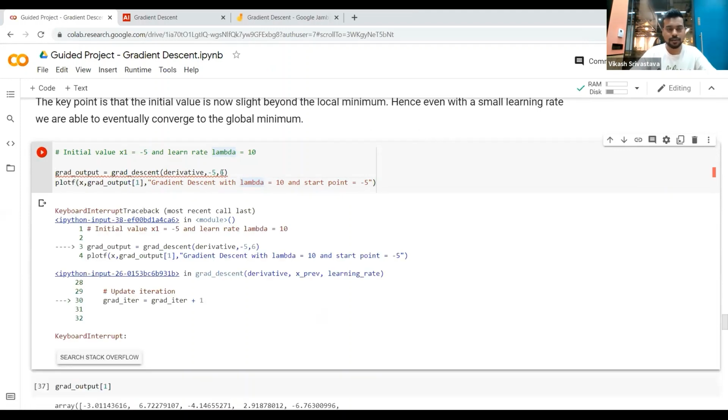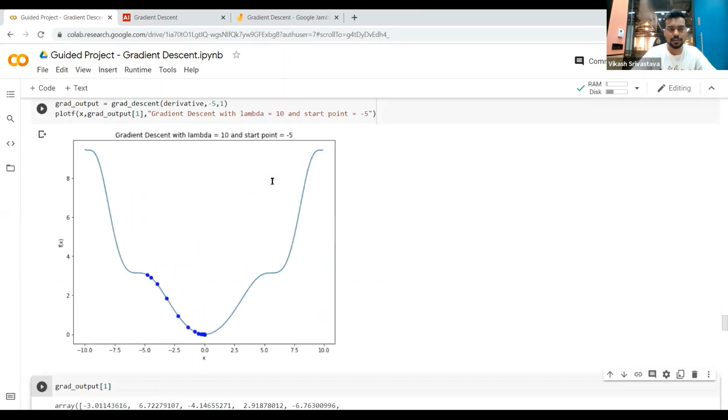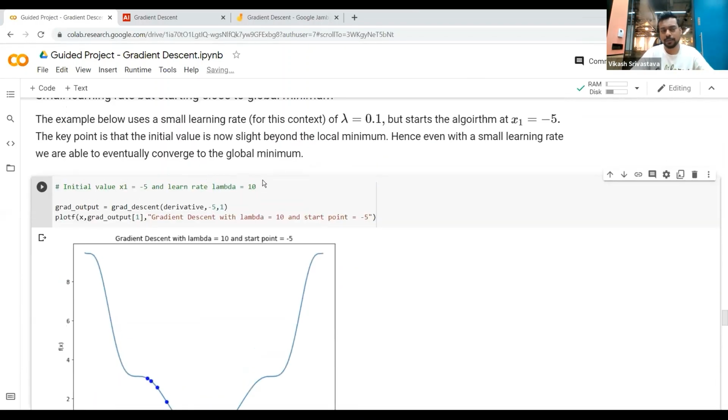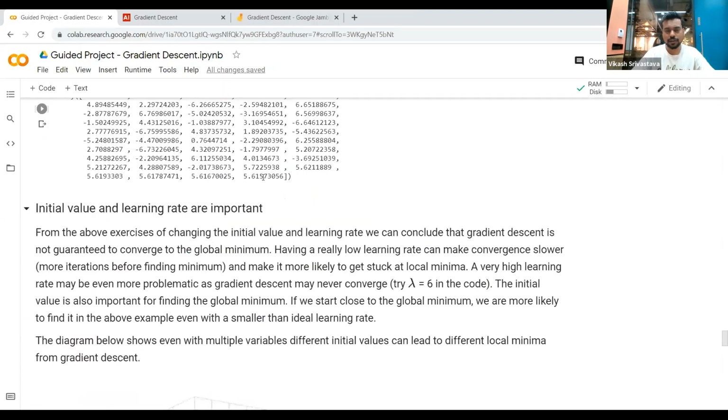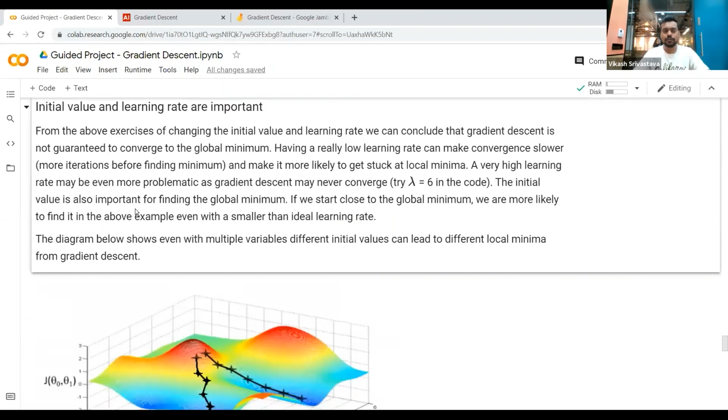Maybe I'll just keep this to one. But of course, you can experiment around with different values of lambda, right? The initial value is also very important for finding the global minimum. If we start close to the global minimum, we're more likely to find it in the above example.